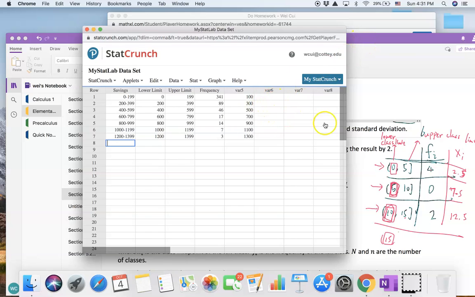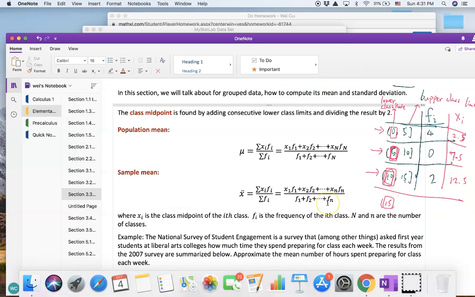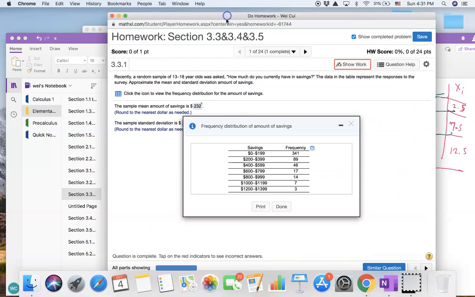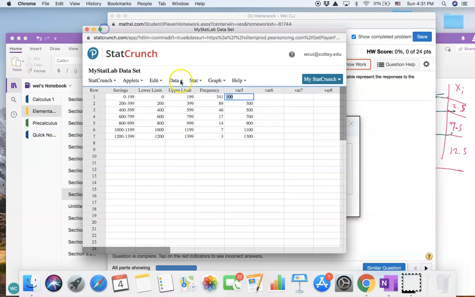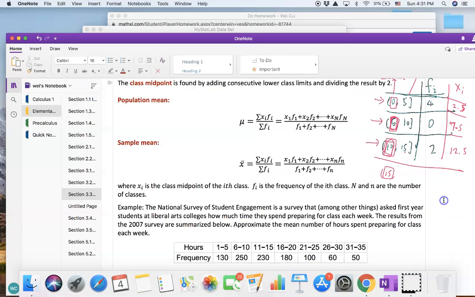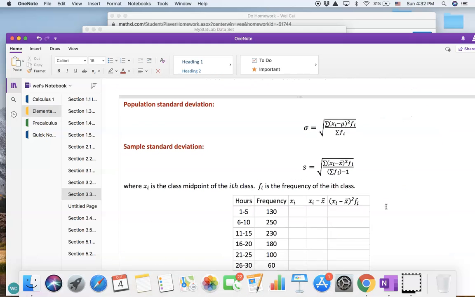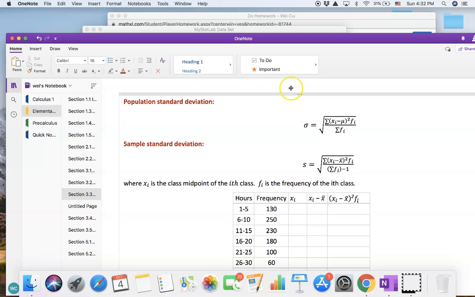Okay, and then we multiply each midpoint by the corresponding frequency, okay, and we add the sum, and then we divide by the sum of the frequencies. Okay, so we can find the sample mean. Okay, and then for the sample standard deviation, we do this way.